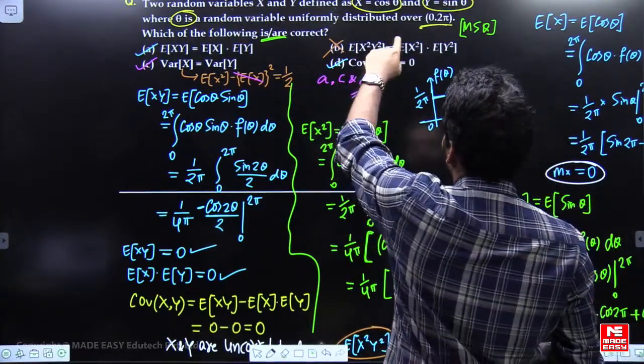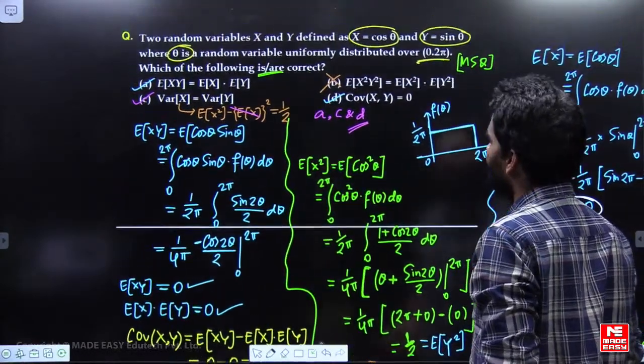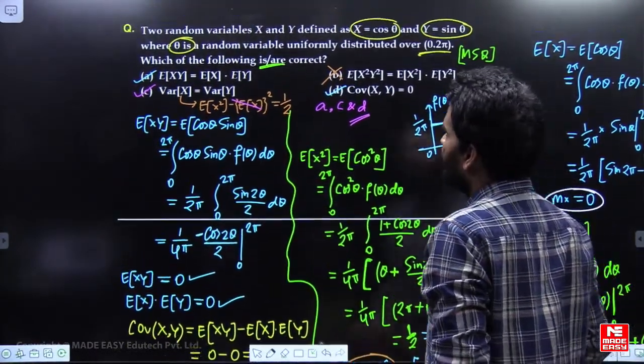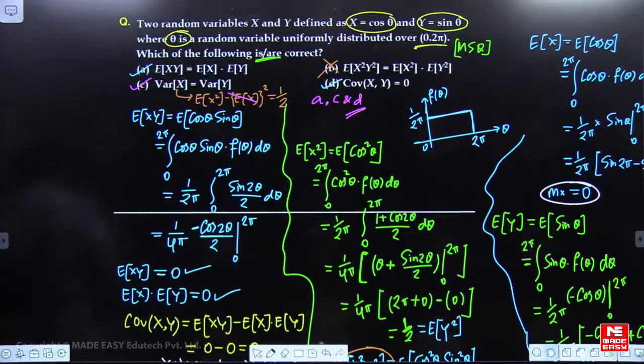Here for second order the equality is not holding good, so x and y are not independent.